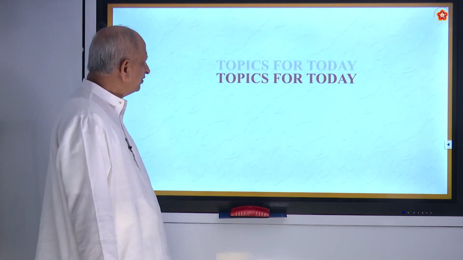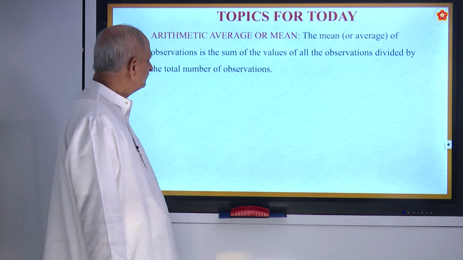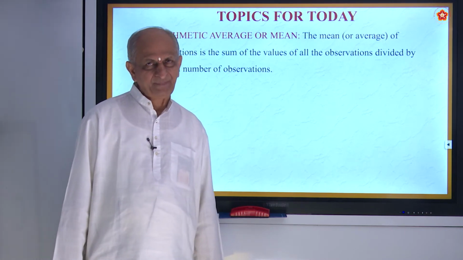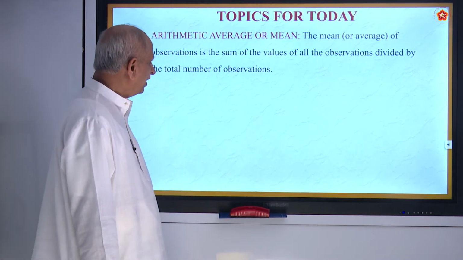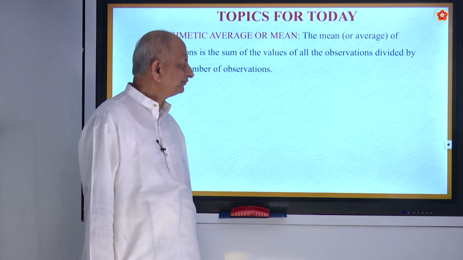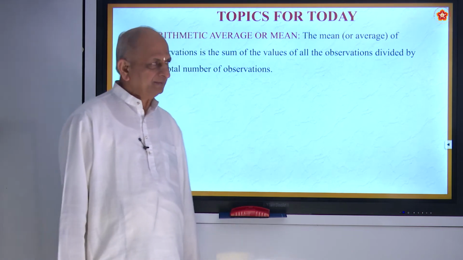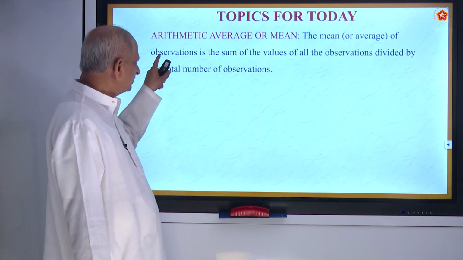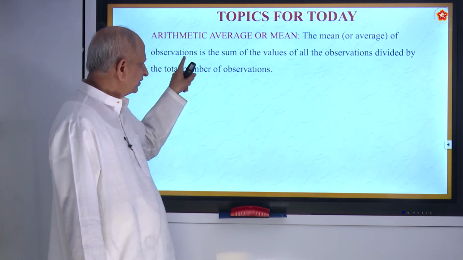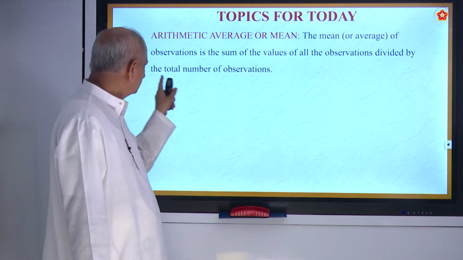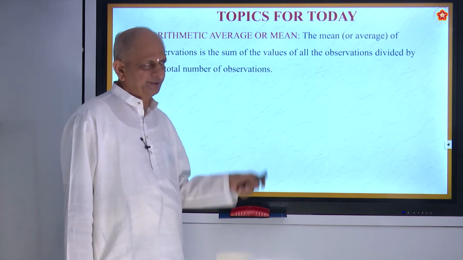Okay. For example, we'll start with the discussion on arithmetic mean or arithmetic average. So, what does it mean? It is the mean of observations: the sum of all the values of all the observations divided by the total number of observations.